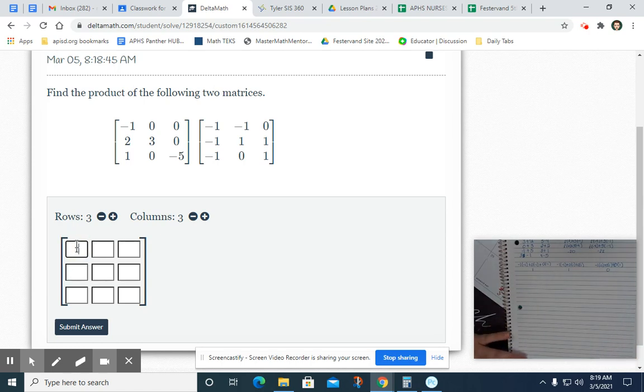Okay, so how do you multiply these? We're going to take the entire first row by every term in the first column, and we're going to add all of those products.